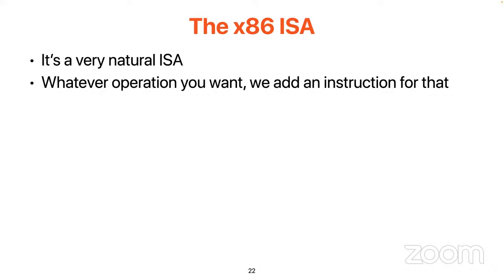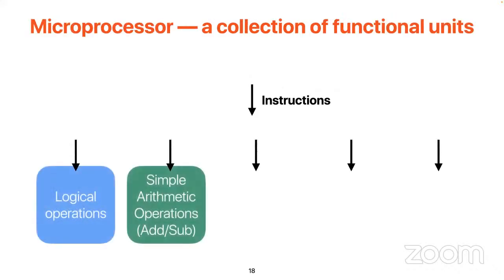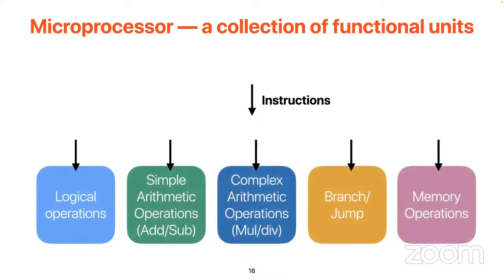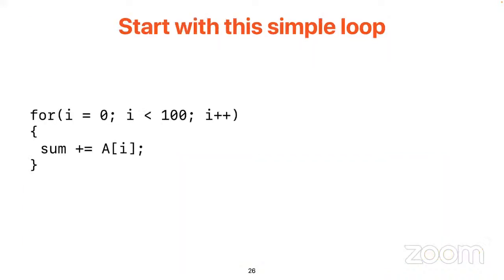So I would say x86, although people complain about its design, is actually a very natural design, right? Think about what we just mentioned: the processor is just a collection of functional units. So it's very natural that if I have logical operations or whatever operations I need, I have an instruction to support it, right? So that's x86. One of the examples, let's go back to this one, is the simple loop that we just saw.